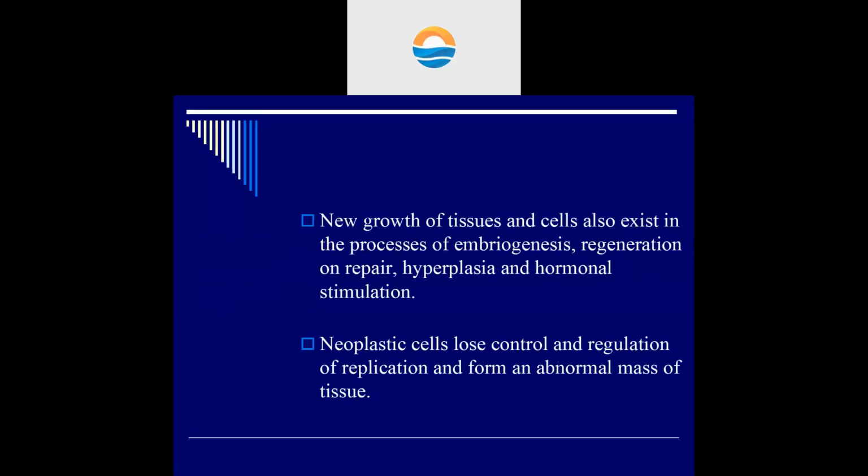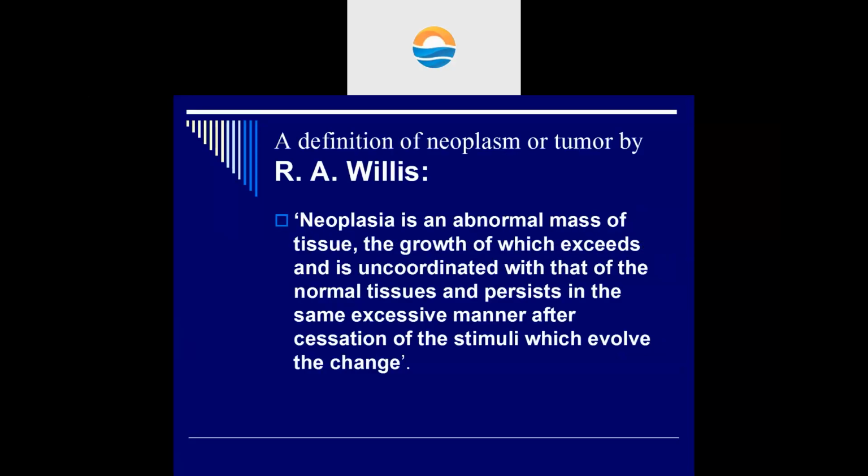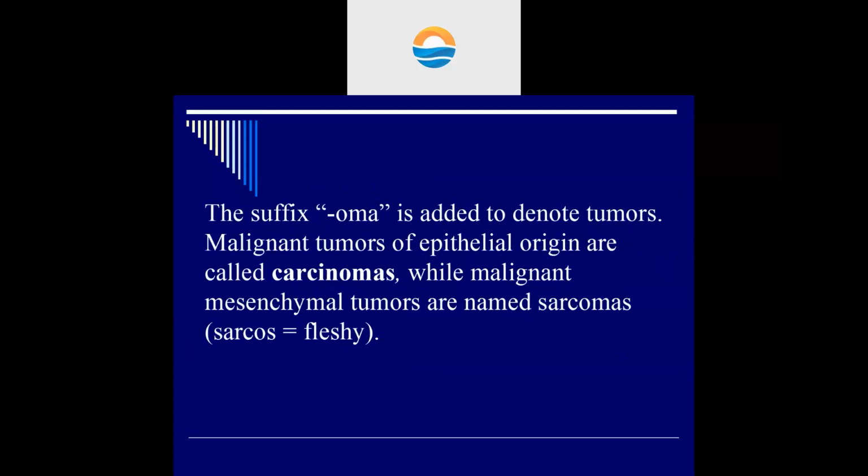Neoplastic cells lose control and regulation of replication and form an abnormal mass of tissue. So, neoplasia is an abnormal mass of tissue, the growth of which exceeds and is uncoordinated with that of normal tissues and persists in the same excessive manner after cessation of the stimuli which evoked the change.